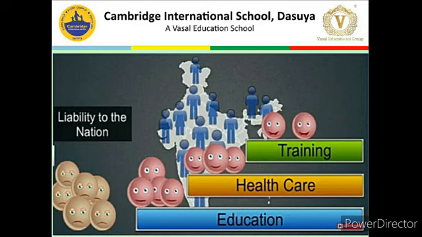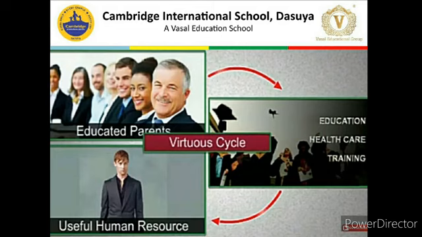Then we had learnt about the vicious circle, that educated parents are found to invest more heavily in the education of their children. This is because they have realized the importance of education for themselves.